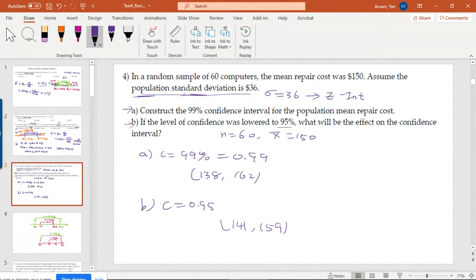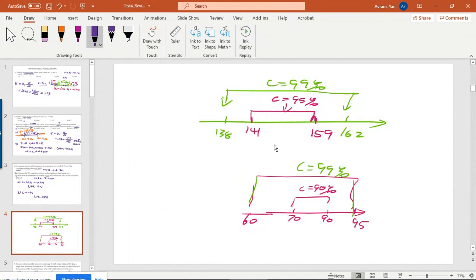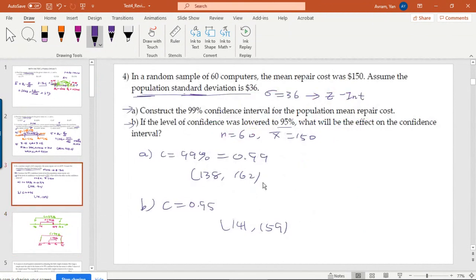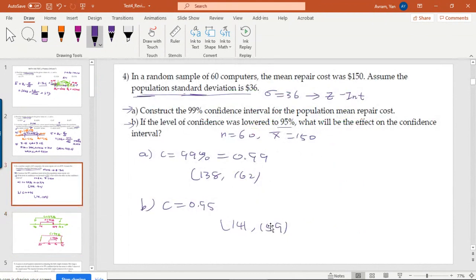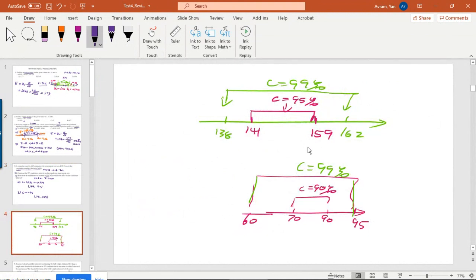Okay, so what's the difference in here? I drop a little bit of a picture of this in here. For the 99% confidence interval, we have 138 to 162, right? And if you have a 95% confidence interval, I have 141 to 159 in here.